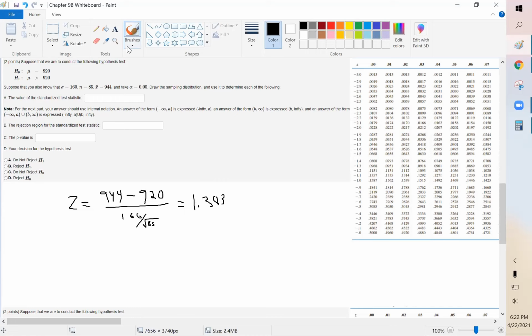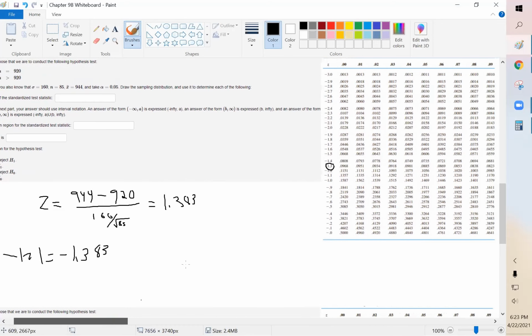Now, we're going to go to C. We want our p-value. So we have to take the negative of the absolute value. So negative 1.383 is the z-score we'll use. So negative 1.3. And then we need the 0.08, which is a little bit off to the right.